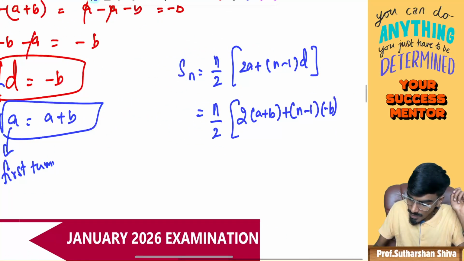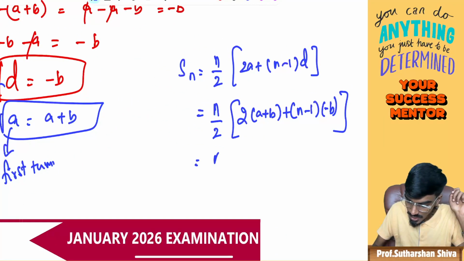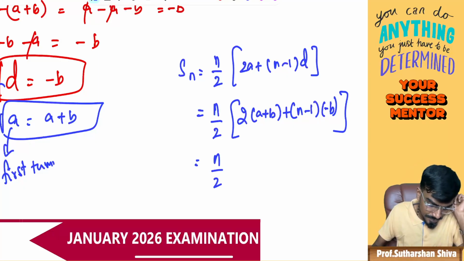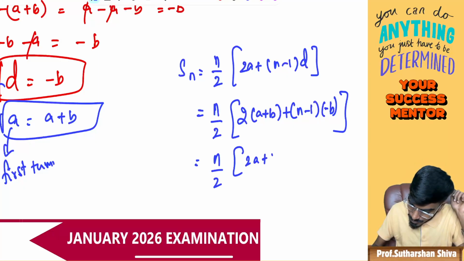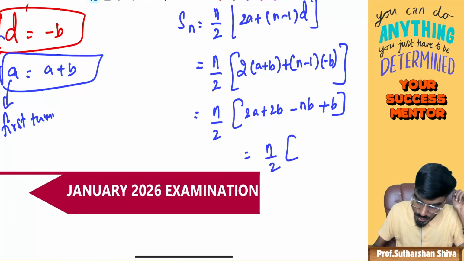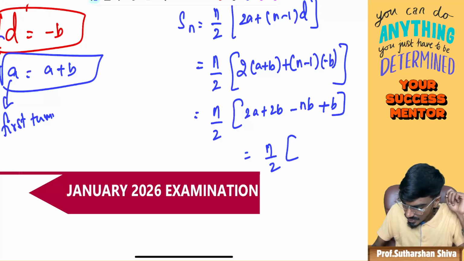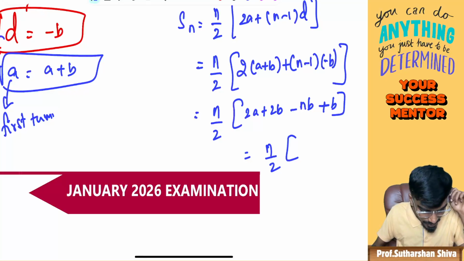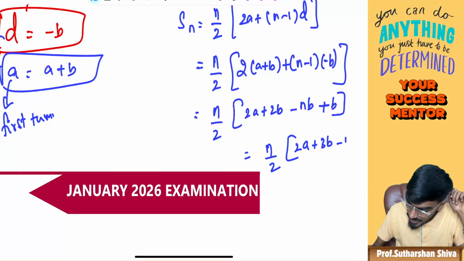Now next, n by 2 into 2a plus 2b minus nb, minus into minus plus b, so that it will be written as 2a plus 3b minus nb, or bn for that matter.